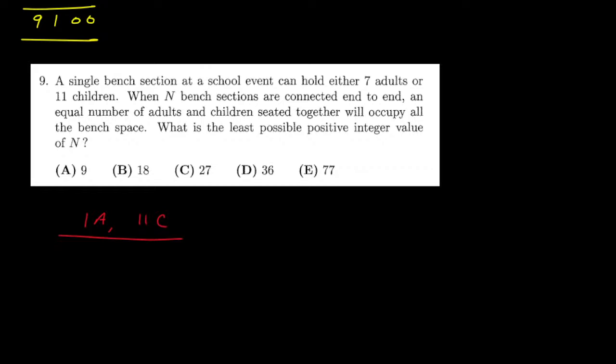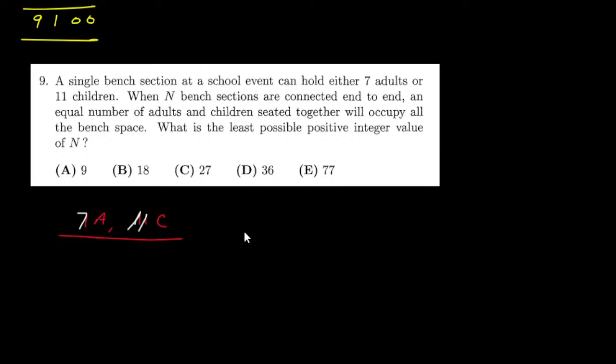So 7 adults or 11 children. Okay, 7 adults or 11 children can sit on one bench. So the total number could be a multiple, meaning I have to see what is the common multiple of 11 and 7.